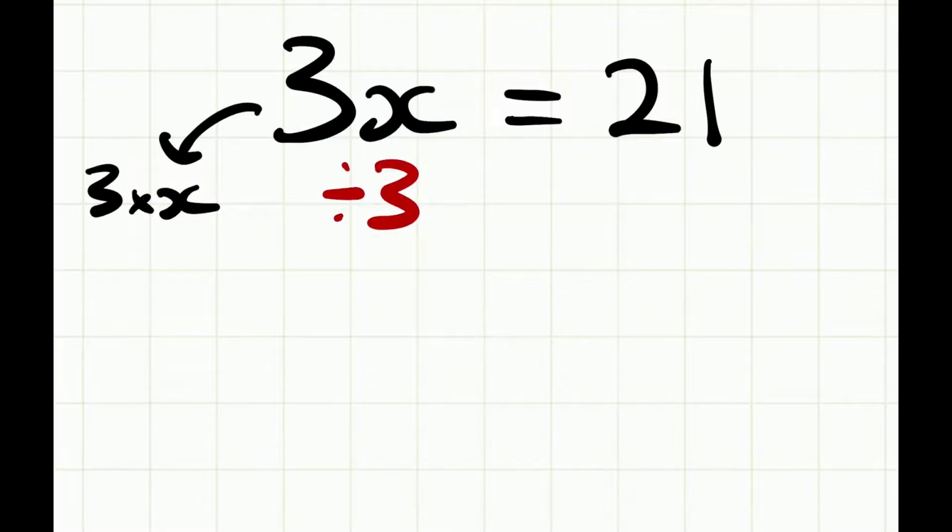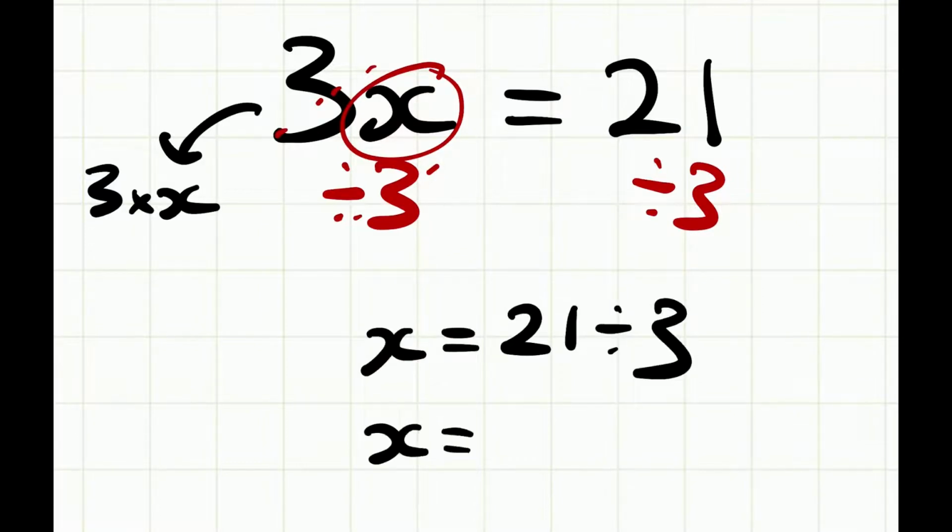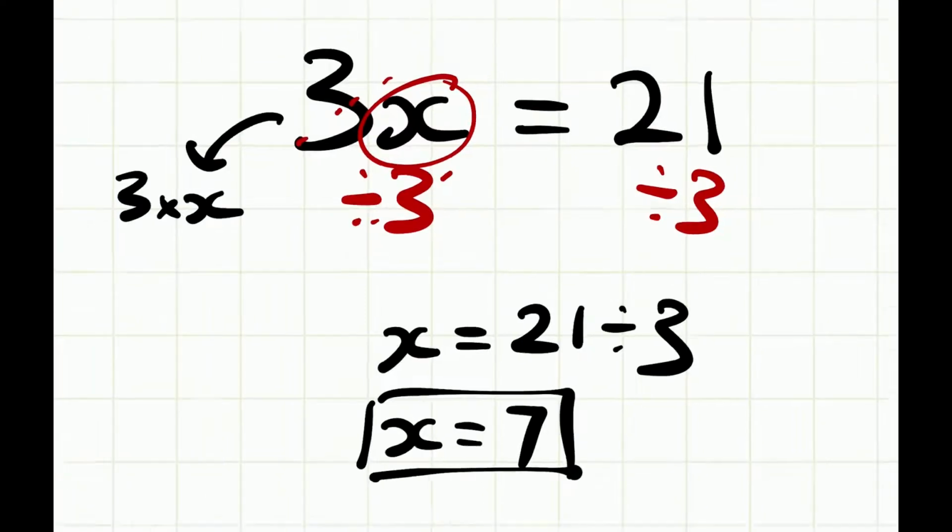So like before, where we added when we were subtracting and then subtracted when we were adding, here we're going to divide both sides by 3. And the reason for that is because these 3s will cancel out and we're just going to be left over with x. So when we do that, we get x is equal to 21 divided by 3. So x is going to be equal to 7.